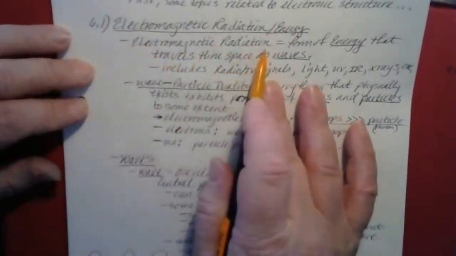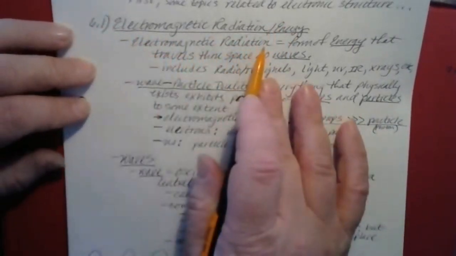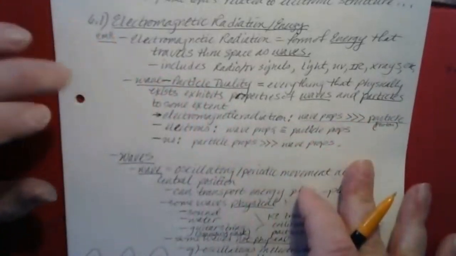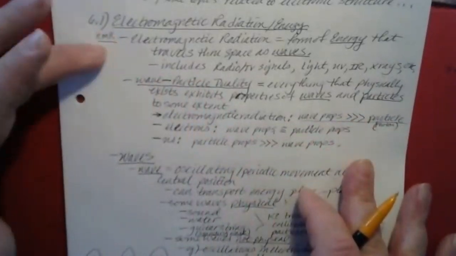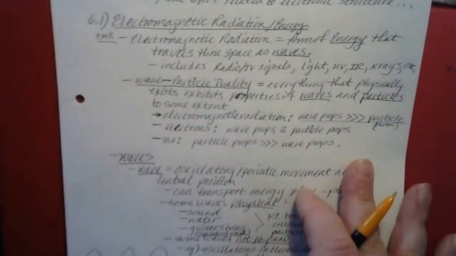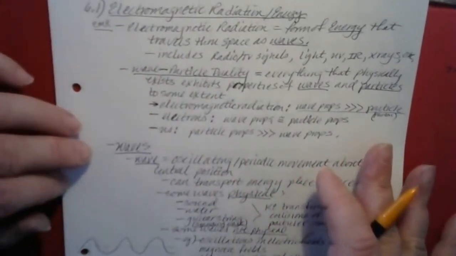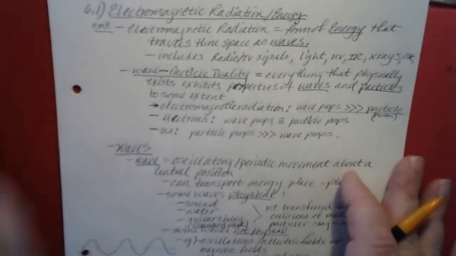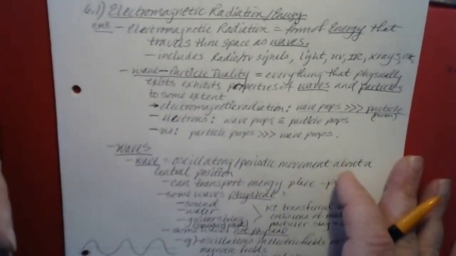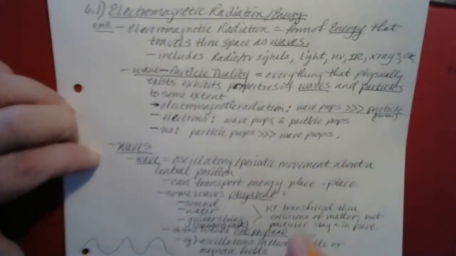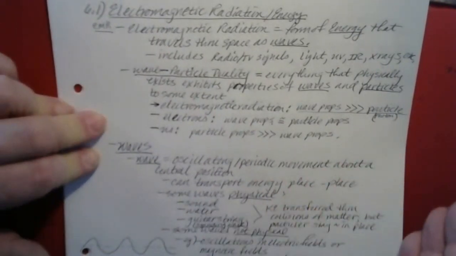So electromagnetic radiation, which is a real pain in the butt to keep writing out over and over again, you're going to see the abbreviation EMR quite often in my notes, and that means electromagnetic radiation. So just be warned about that. Electromagnetic radiation is a form of energy that travels through space in the form of waves. And those waves are able to transport that energy from one place to another.